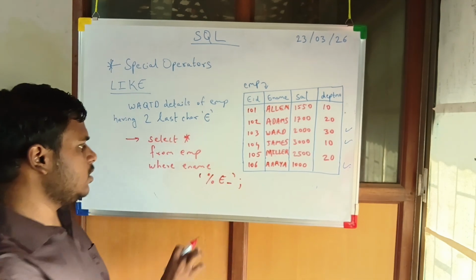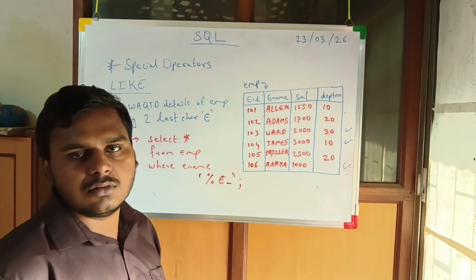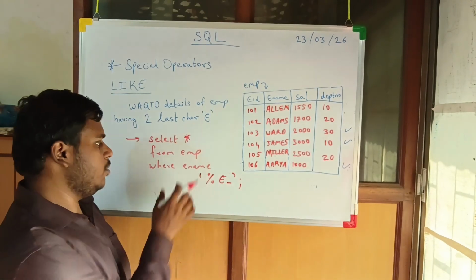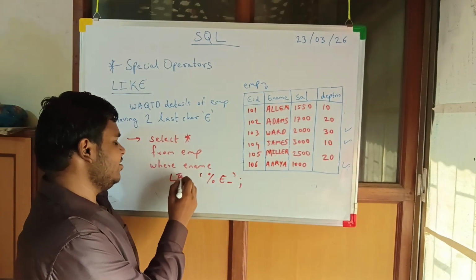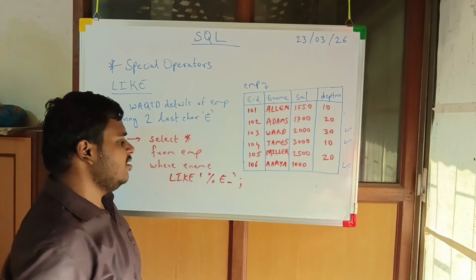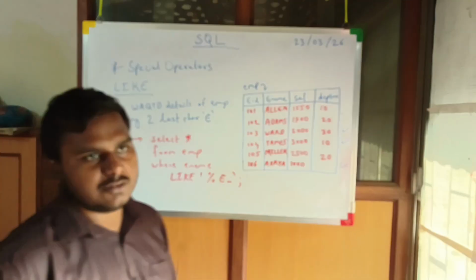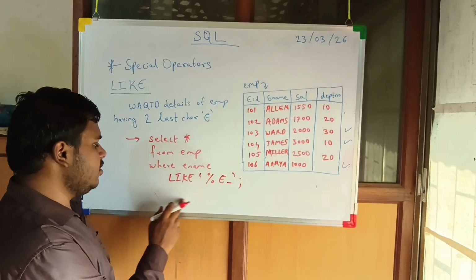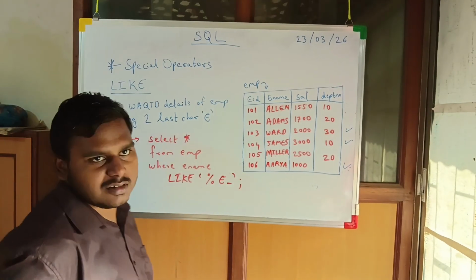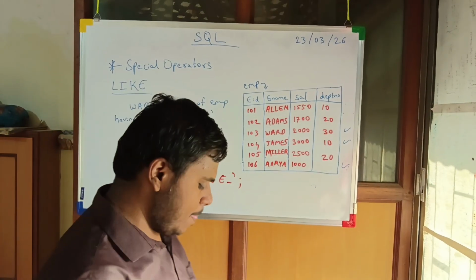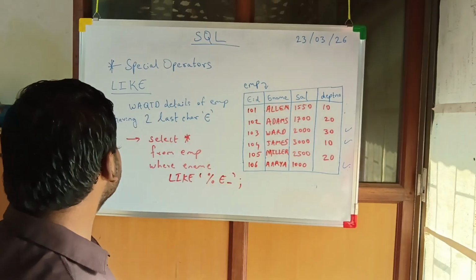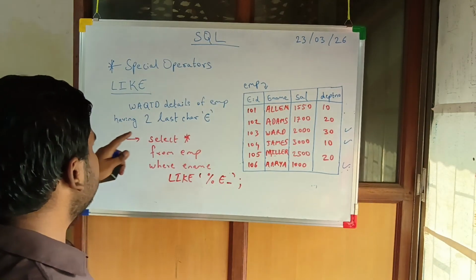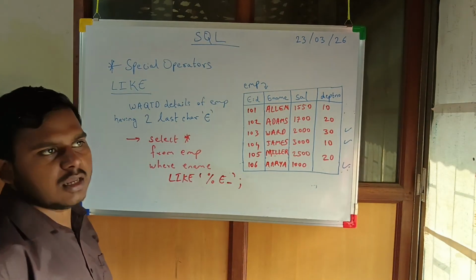In single quotes, percentage E underscore. This is how we will write the query: E name like percentage E underscore. Here practicing the syntax is very important. Now this is also done. Anything left?